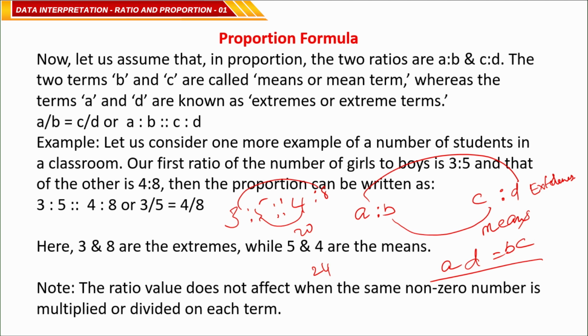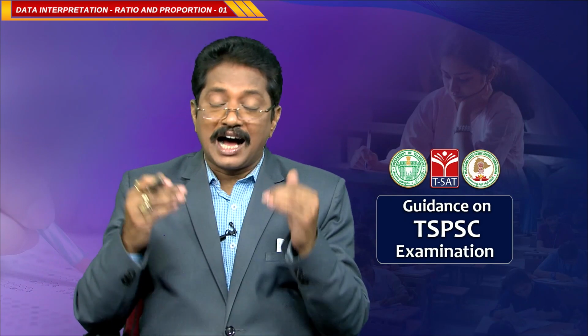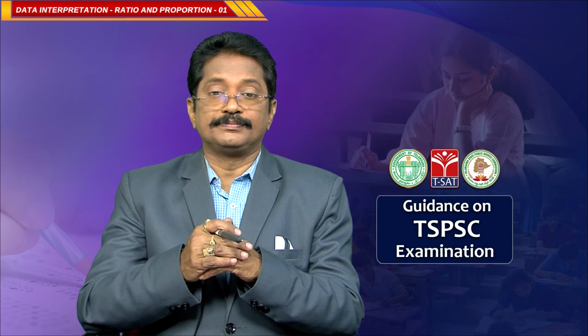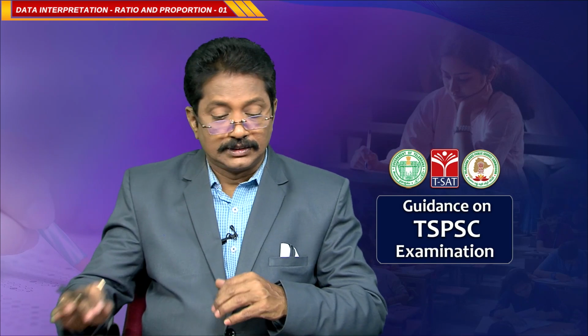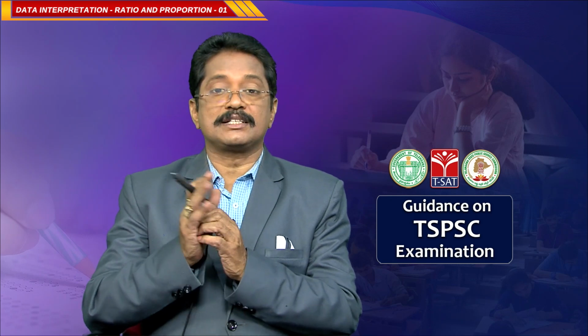The ratio value does not change when the same non-zero number is multiplied or divided on each term, clear? So, when A is to B and C is to D are in proportion, then AD is equal to BC. Now we are going to discuss the very important properties of proportions.